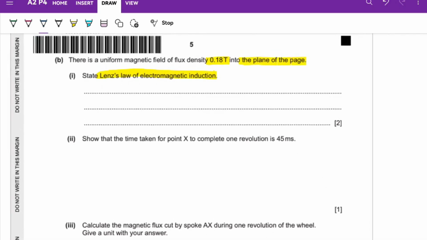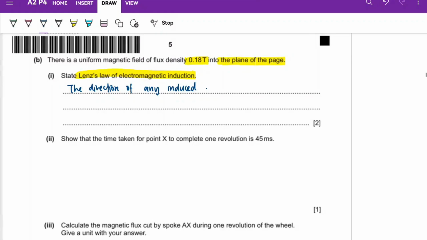Lenz's law states that the direction of any induced EMF, which is electromotive force, is to produce effects to oppose the flux change that caused it.